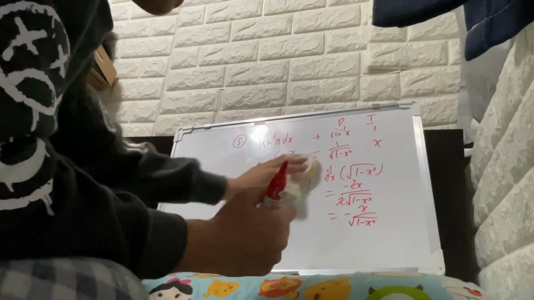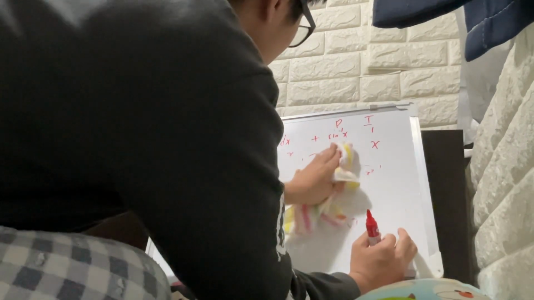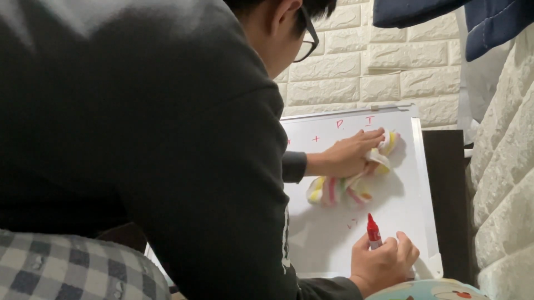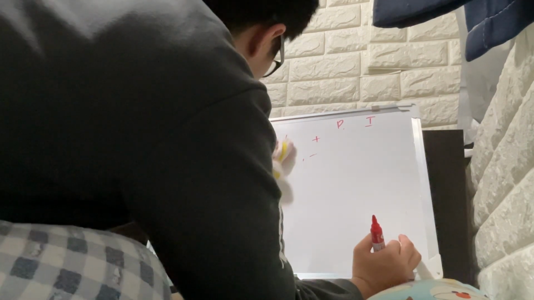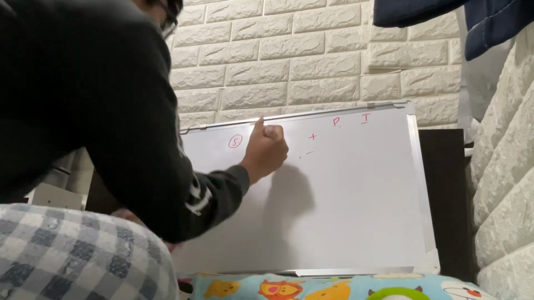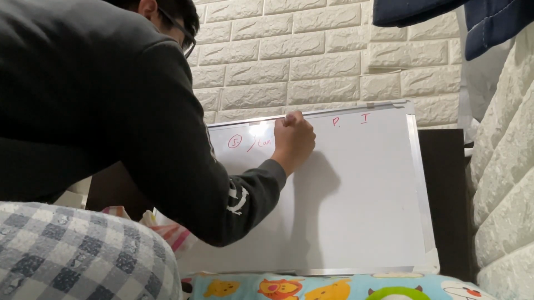Number 6 is really similar. I'm not going to erase this DI table because the next one is really similar. This time we're going to integrate not cosine, not inverse cosine, it's the integral of inverse tangent x dx.